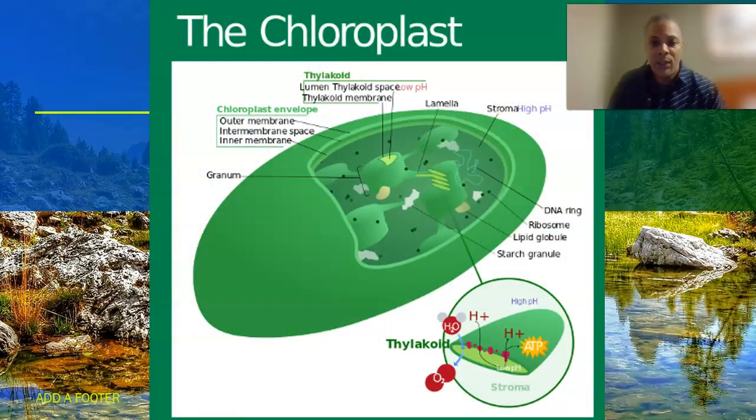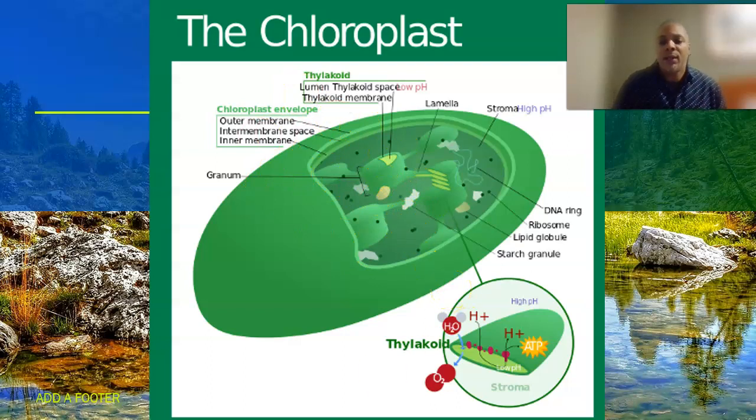And here again, you see a chloroplast, which contains chlorophyll. You see the chloroplast envelope, which is that outer membrane, as well as the lamella and the stroma, and the thylakoid itself, which is the lumen thylakoid membrane right in there.